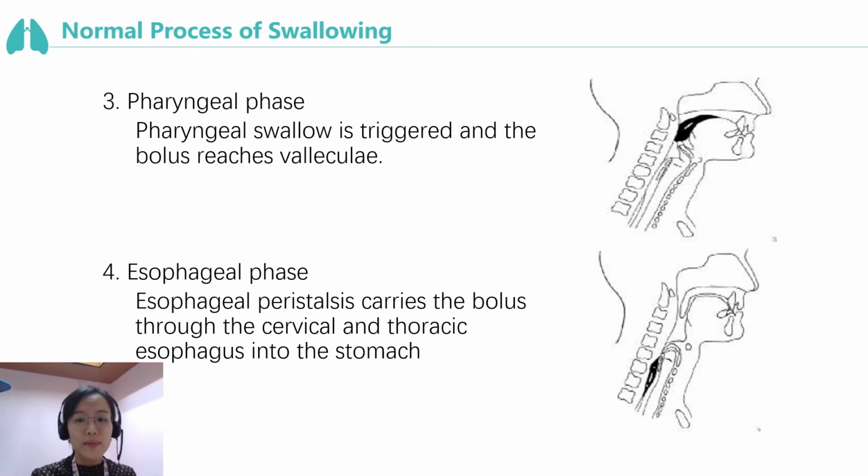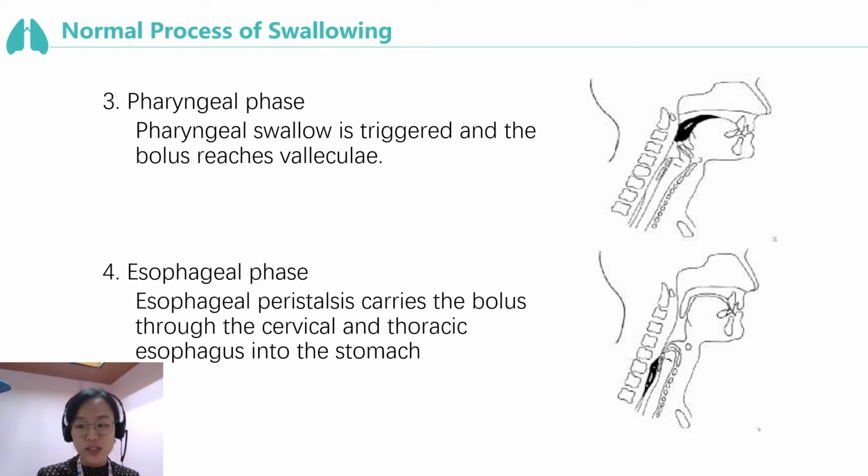Behind the epiglottis, there's a muscle at the top of the esophagus. We call it the upper esophageal sphincter, UES. When the bolus arrives at the UES, the sphincter will automatically open up to allow the bolus to enter the esophagus.